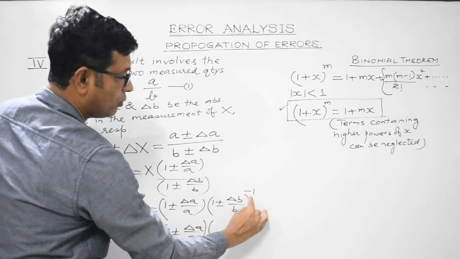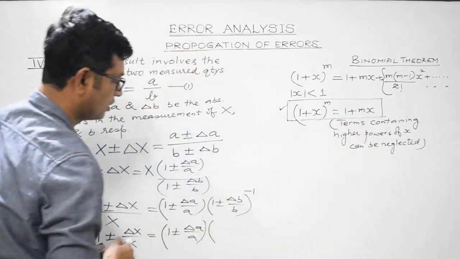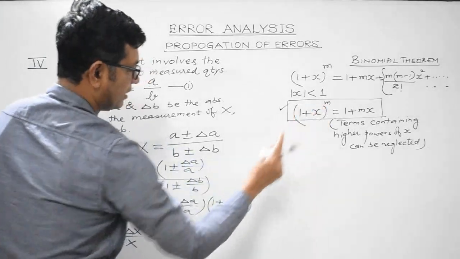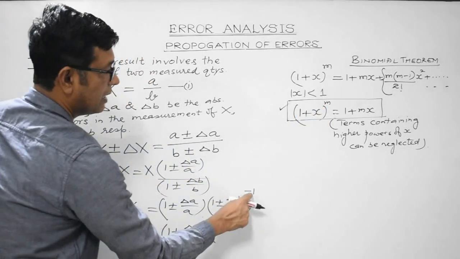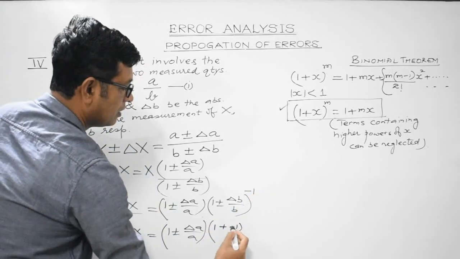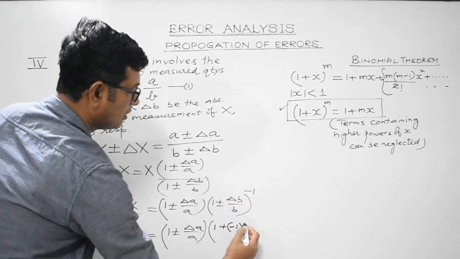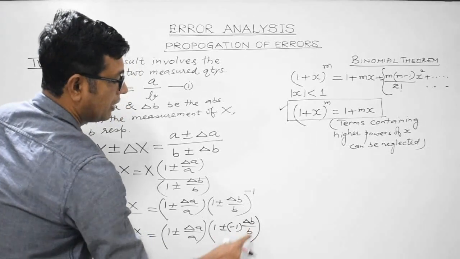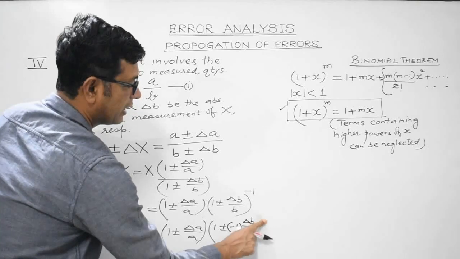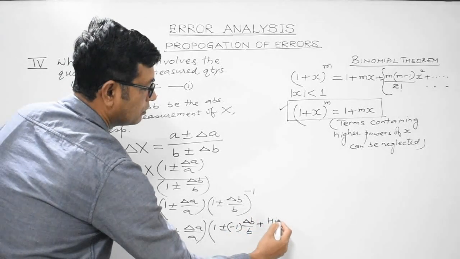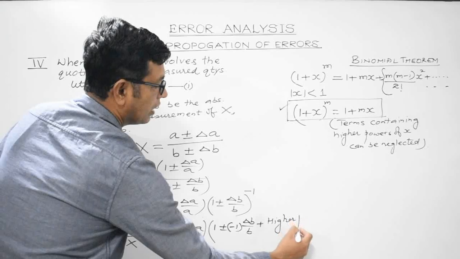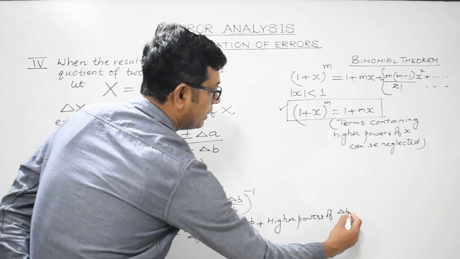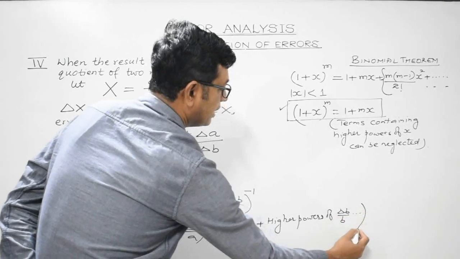Here n is equal to minus 1. So let's consider the first two terms. So it is 1 plus mx. M over here is minus 1, into x, which is del b over b, plus terms containing higher powers of del b by b, and that can be neglected.